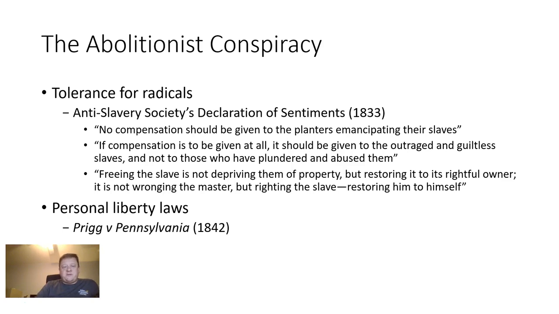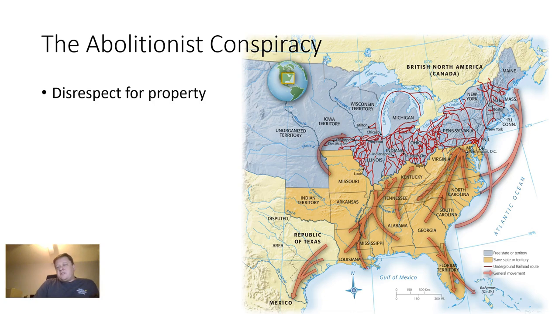So other things that Northerners are doing that are scaring and angering Southerners: they're disrespecting property by helping Southern slaves to escape, via the Underground Railroad. By helping slaves escape, Northerners are disrespecting property rights. The U.S. Constitution allows slaves as property.